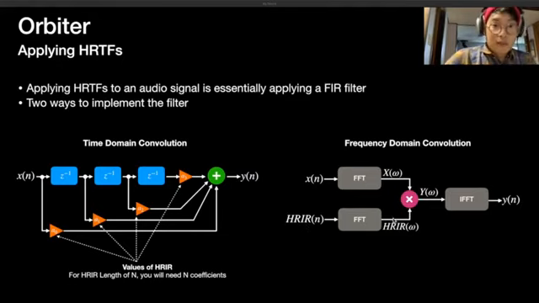You would multiply the resulting frequency spectrums together, and then take the inverse to get the resultant time domain signal. So this class of processing in the frequency domain is typically referred to as spectral audio signal processing. And for those of you who have worked extensively with this, I'm sure a lot of the techniques that we'll be talking about here are going to be very familiar to you.